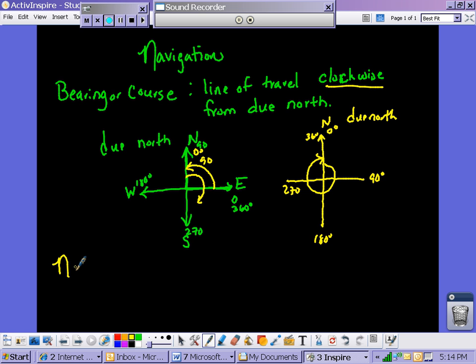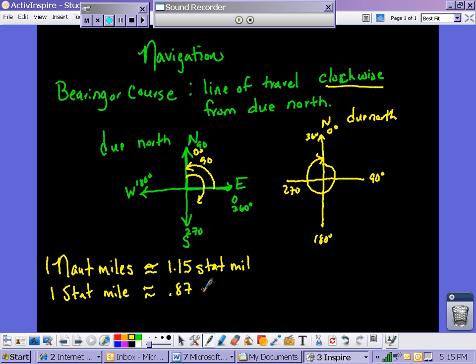So nautical miles, okay, one nautical mile is equal to approximately 1.15 stat miles, and then one stat mile is equal to approximately 0.87 knot miles.